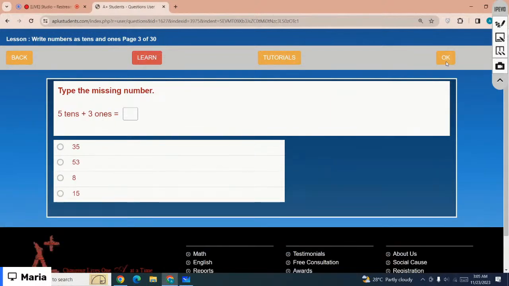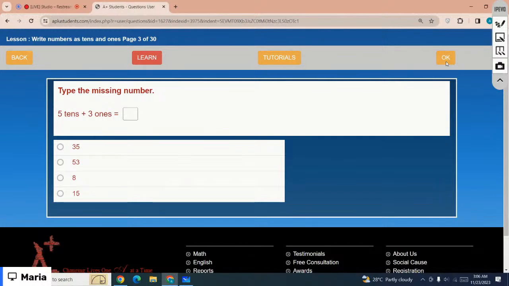Type the missing number: 5 tens plus 3 ones. So which is the correct option? Which number do they make? That means 3 is at the ones position, yes, and 5 is at the tens position.